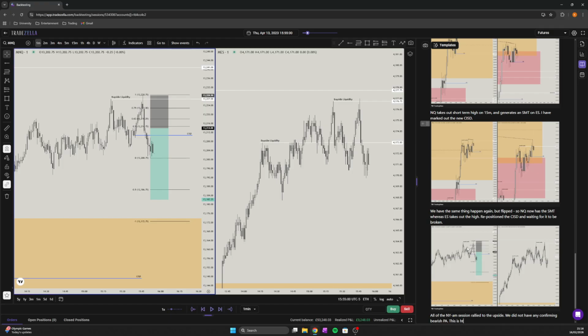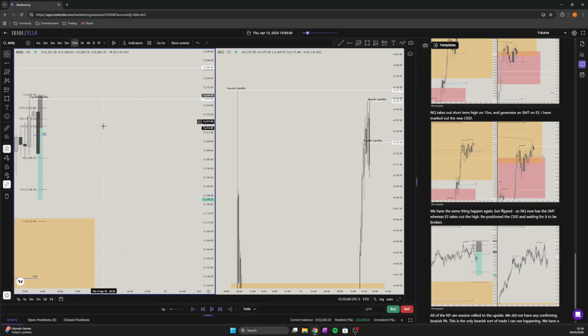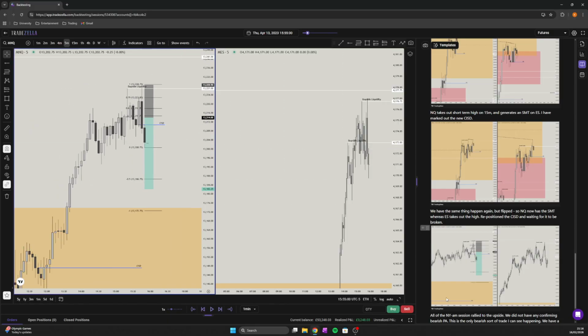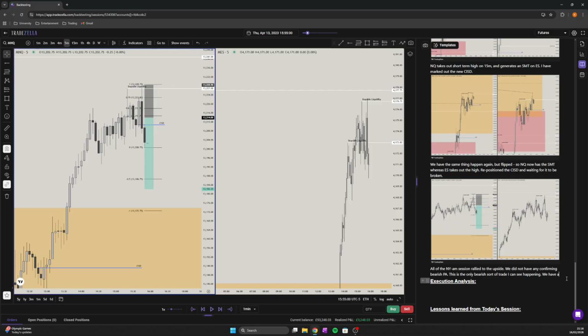This is the only bearish sort of trade I can see happening. Is it a 5 minute or a 15 minute? It's a 5 minute. 5 minute change to state delivery.